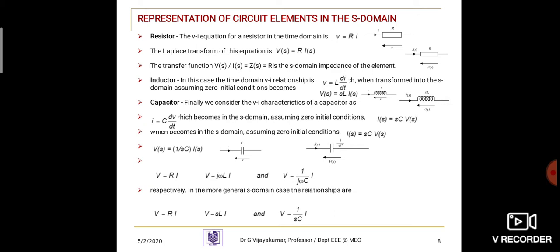I have given a pictorial representation for the time domain as well as for the S domain.